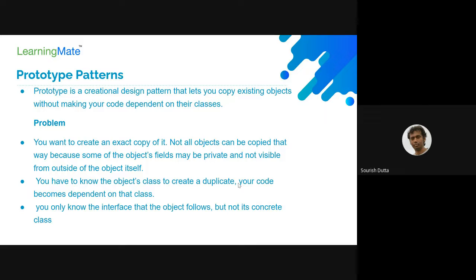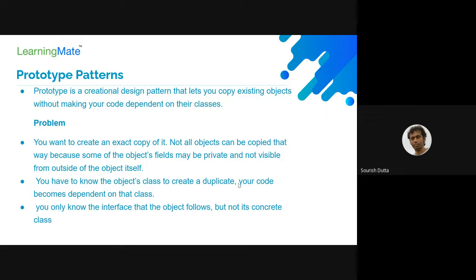Now this particular class is going to implement that interface, and that interface can be further extended by concrete classes. So instead of just the clone method, they can have other methods, basically to access the state, because some of the state can be private.